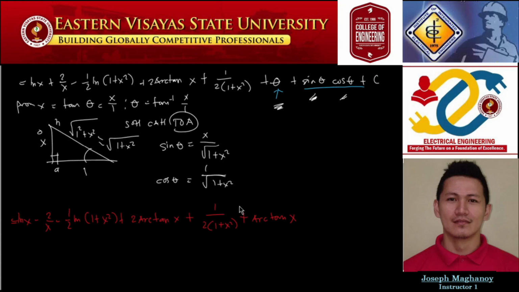Plus sine theta, that is x over the square root of 1 plus x squared, and for cosine theta, that is 1 over the square root of 1 plus x squared. But don't forget your arbitrary constant c. So that is your final answer for the second example of case number 4.